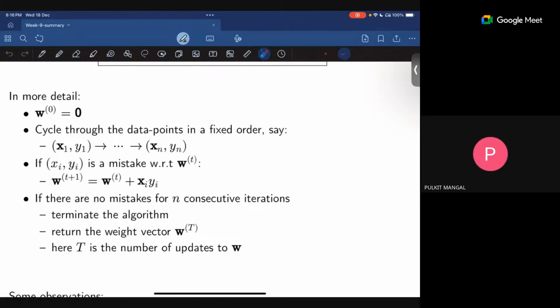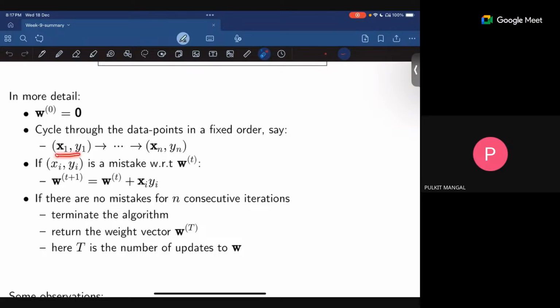A detailed explanation: first is initialization of the weight vector. Then we cycle through the data points in a fixed order. One small note: perceptron may return a different vector if you change the way you cycle through your data points.